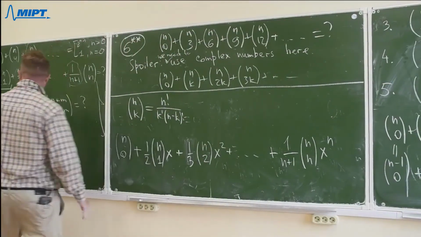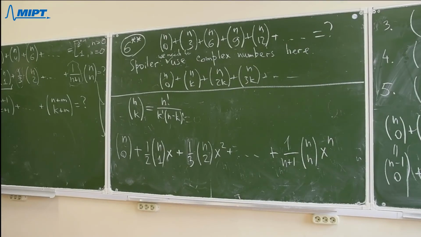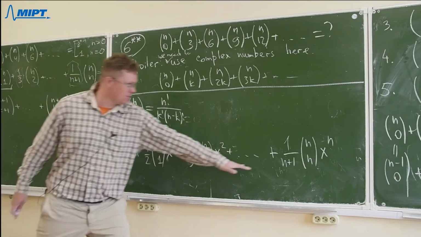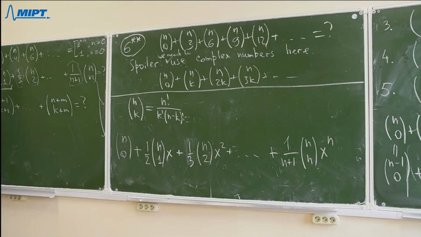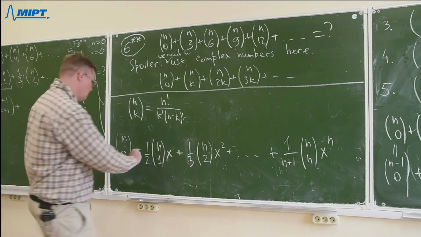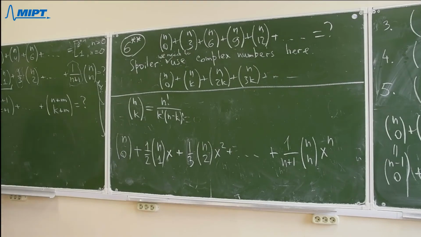So this formula is this function when we take x equal to 1. So maybe we can do something with this function to get rid of these ratios.